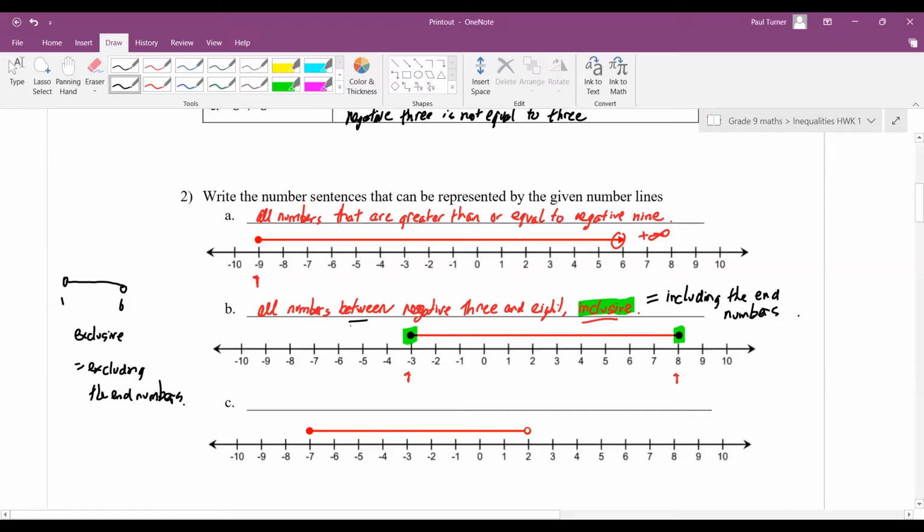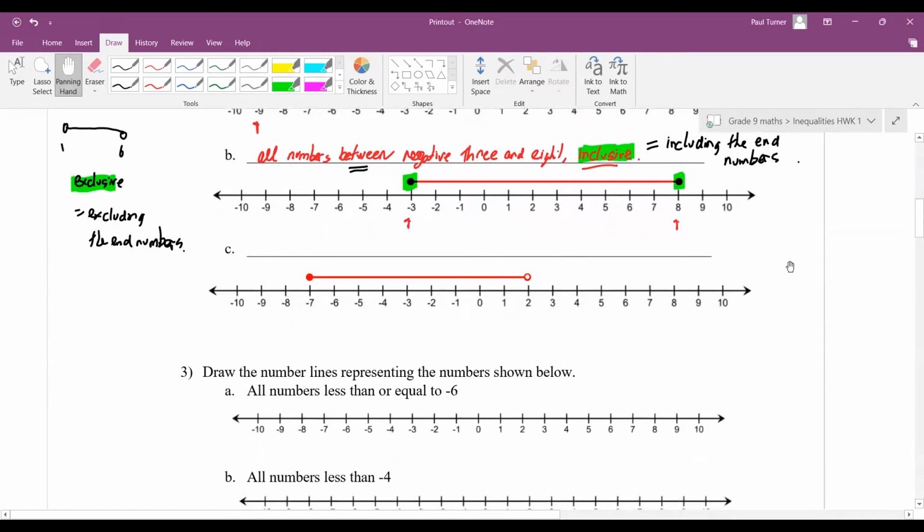If you only use the word between, we're not quite clear whether we're including the end numbers or not. Or if you use the words from 1 to 6, that's also not clear about whether we're including the end numbers. So I would suggest you use the words exclusive and inclusive here when you do these questions, whether including the end numbers or not.